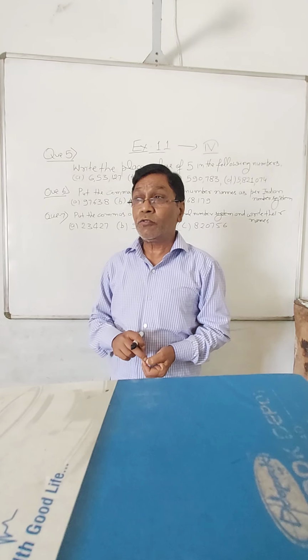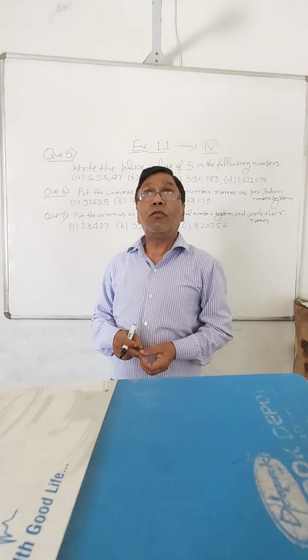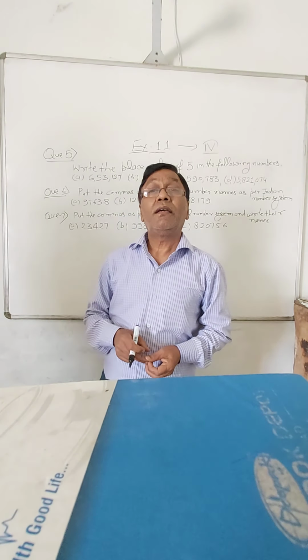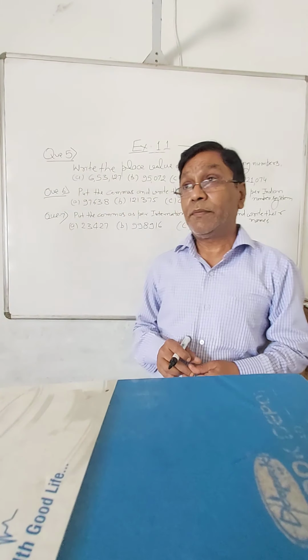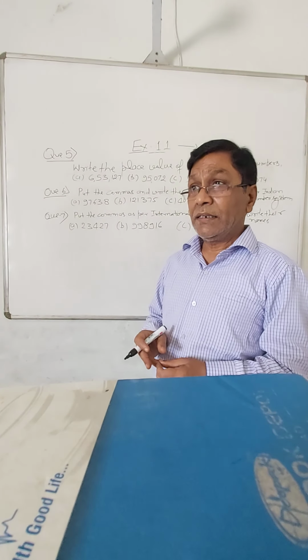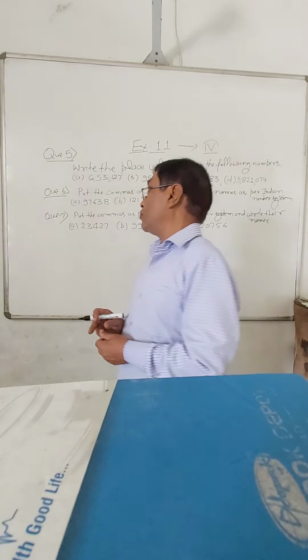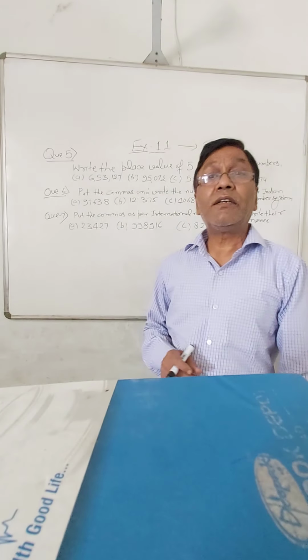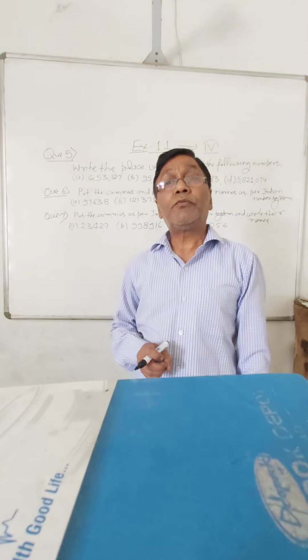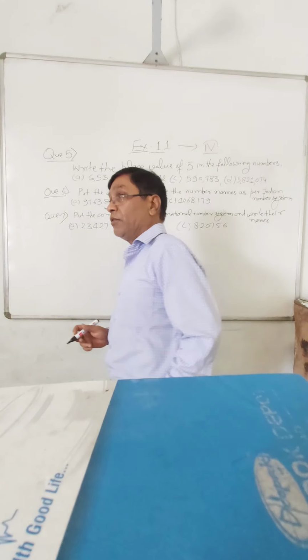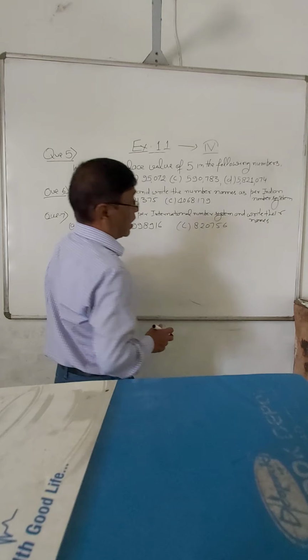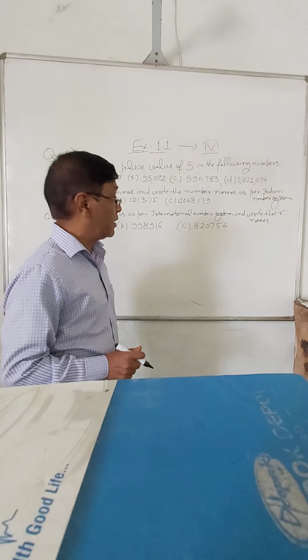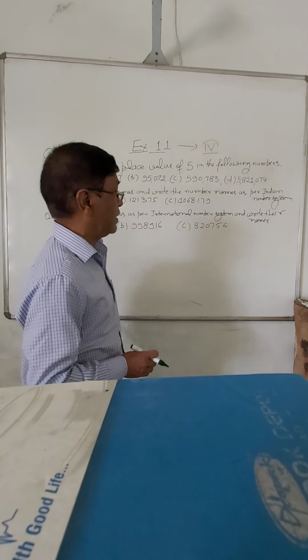And also we have seen how to read the numbers in Indian system as well as international system. So today we will start the different numbers and we have to tell what is the place value or face value, how to put the commas in that one and how to write their names.